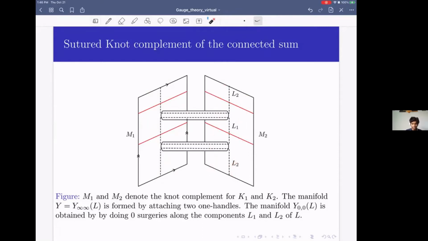These two squares refer to the boundary tori of the two knot complements, and these rays are my dividing curves. On this side I have n twists, on this side I have m twists far away, and this is a local picture. To form the connected sum, we are identifying these two annuli.